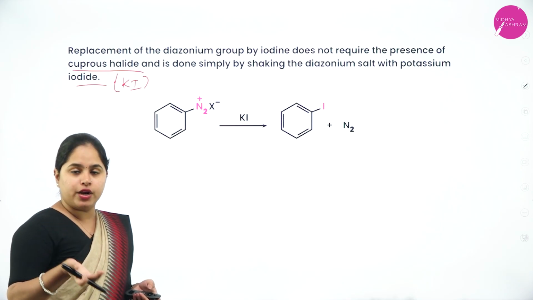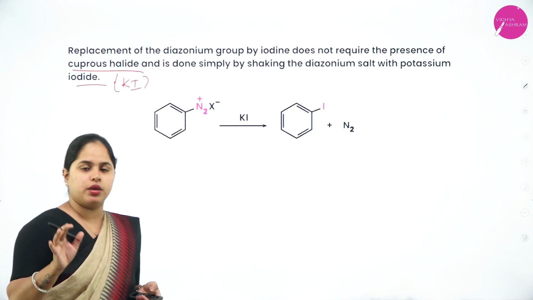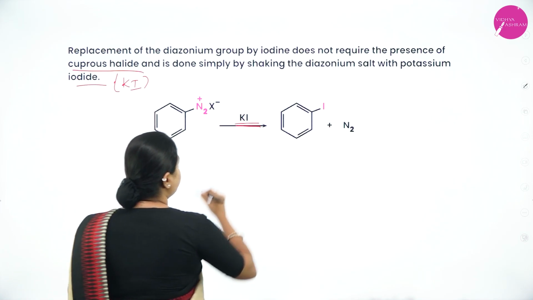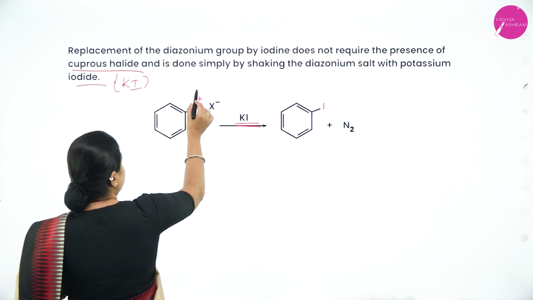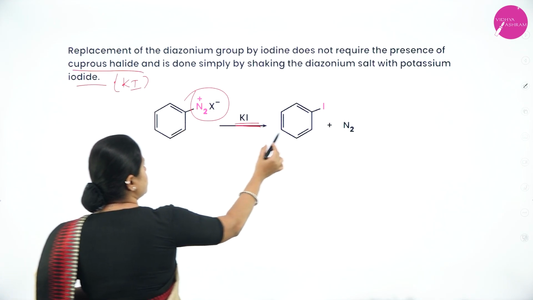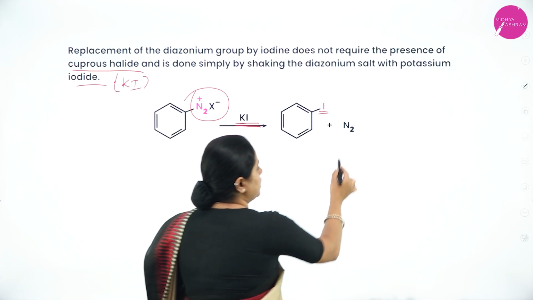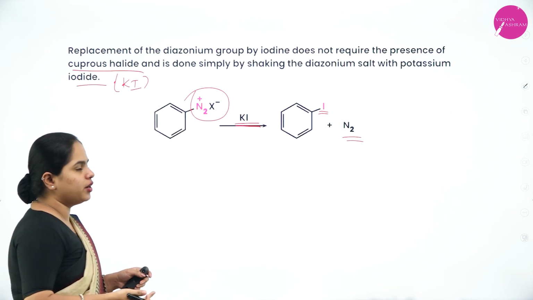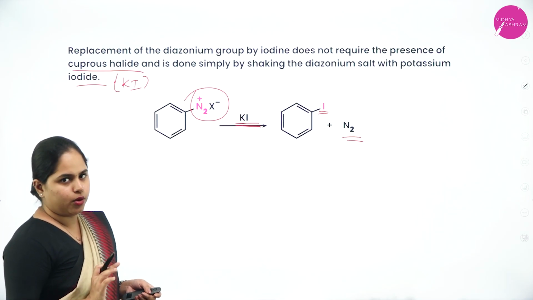If you require iodobenzene, once the benzene diazonium halide is formed, you just have to shake it with potassium iodide. The diazonium part will be substituted by iodine and nitrogen gas will be evolved. I hope it is clear how we can prepare iodobenzene.